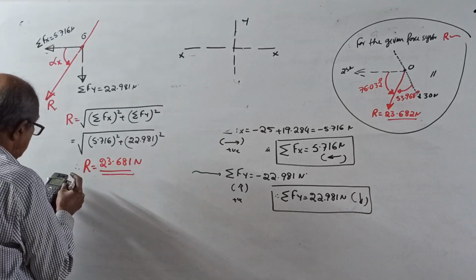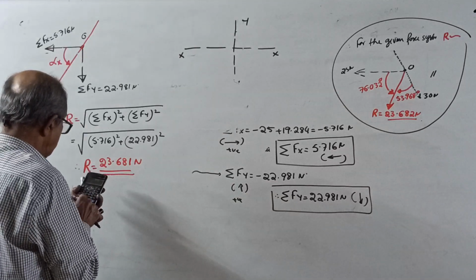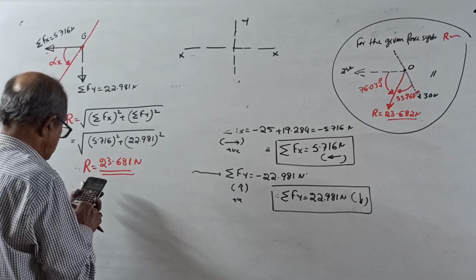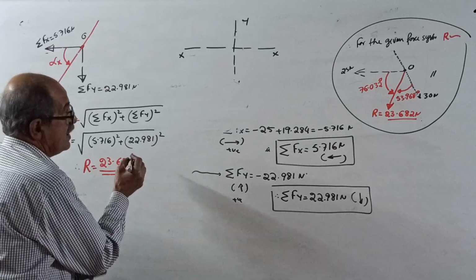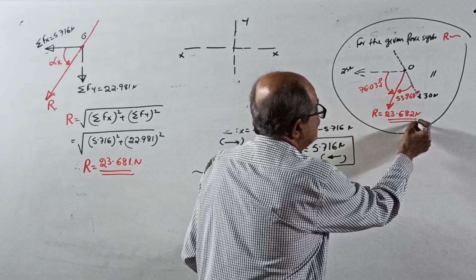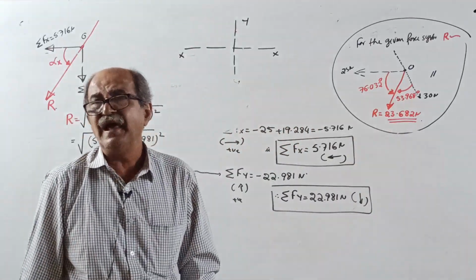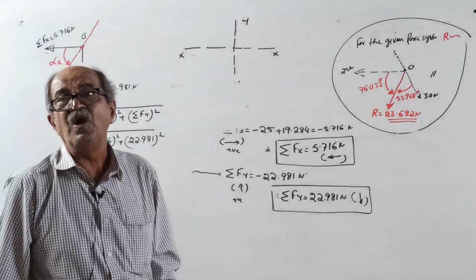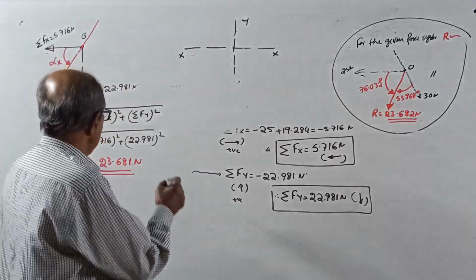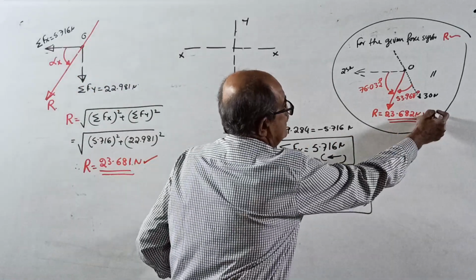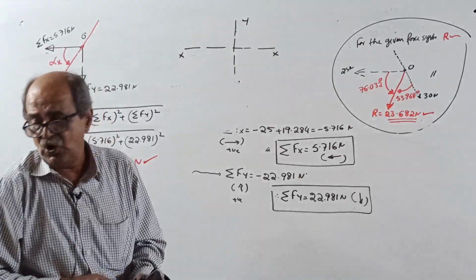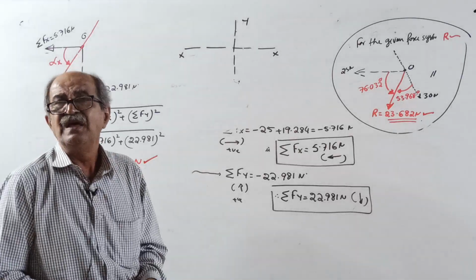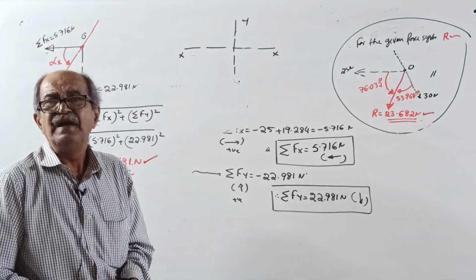Okay, 23.681. See, we got 23.682. A 0.001 error came because when you are calculating resolution, we are rounding off. Nobody can say anything. So you can tell this is the same as this answer. No one will complain about that 0.001, because when you round off the number and go for approximation at the third decimal, a very small difference will come.